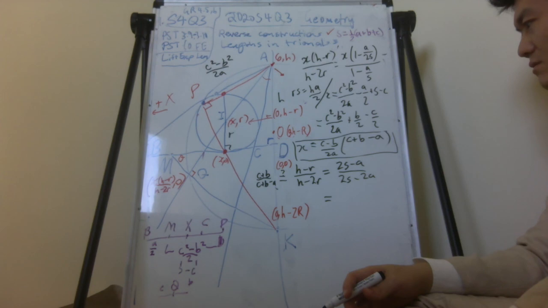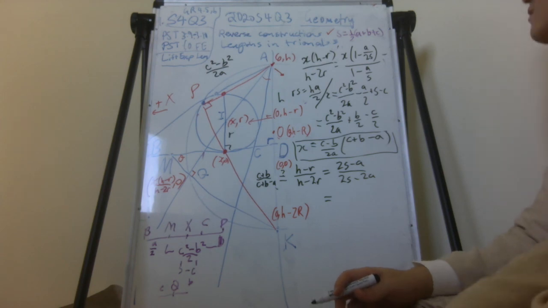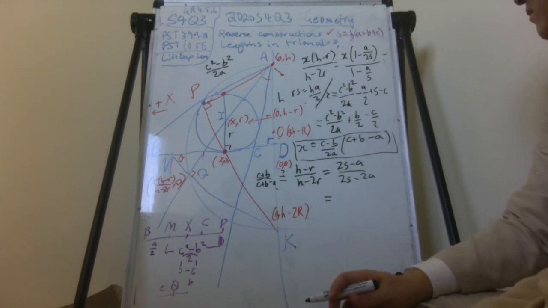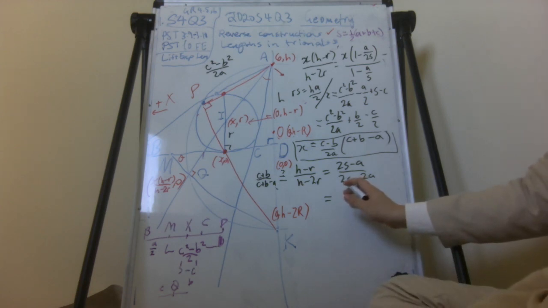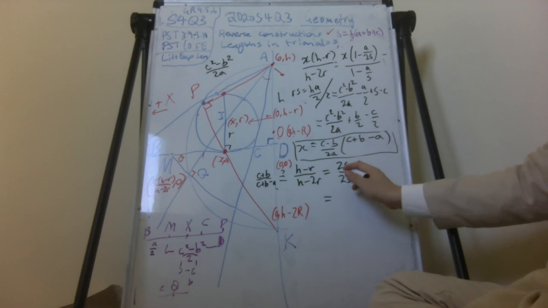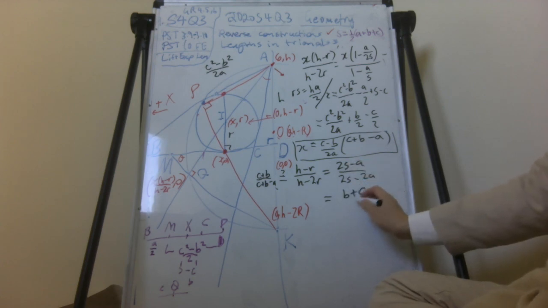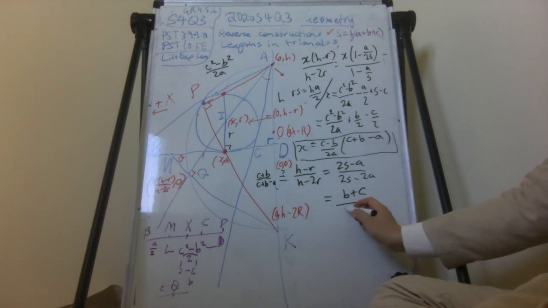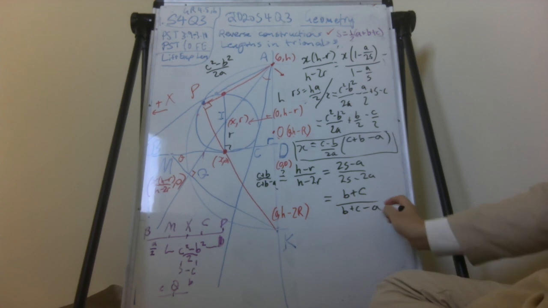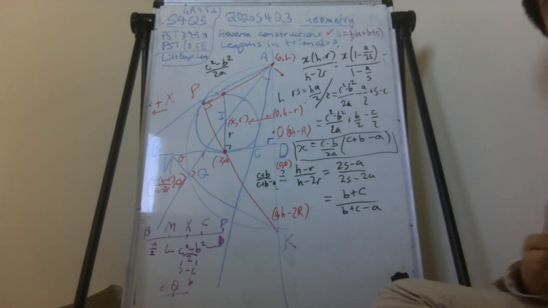Does it get there? Is it upside down? Oh, no. The 2s is already, s is half. So 2s minus a is b plus c, so it's b plus c minus a. Whoa, we did it again.